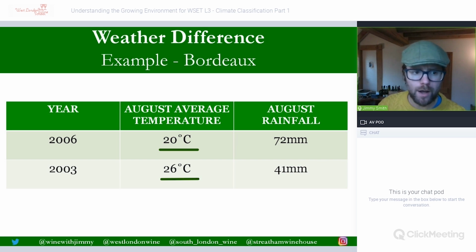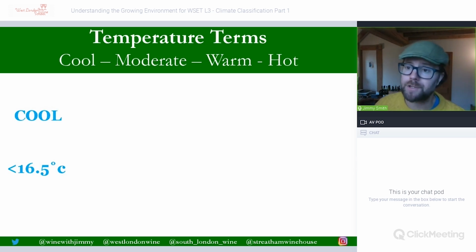Cool. So the next thing we are going to talk about is the temperature types. So we've given you a bit of an idea of what climate is and a little bit about weather. Now we're going to talk about the temperature terms, because when we come to describe the actual climate type, which is things like continental, maritime, and Mediterranean, we prefix it with a temperature term.